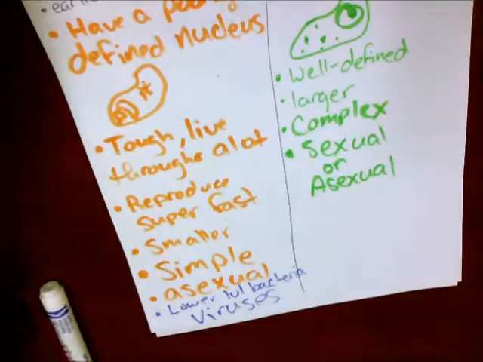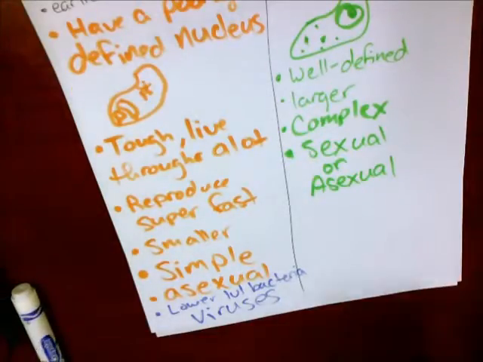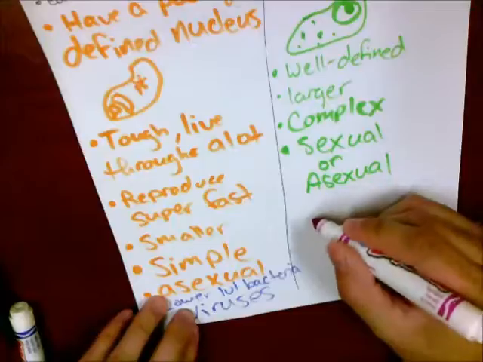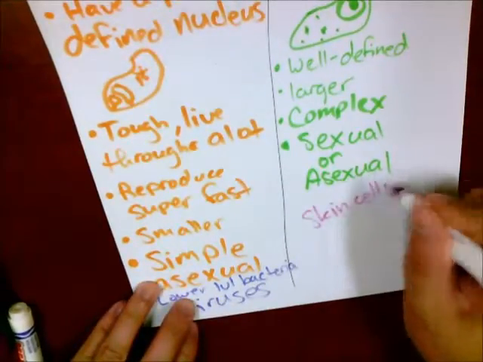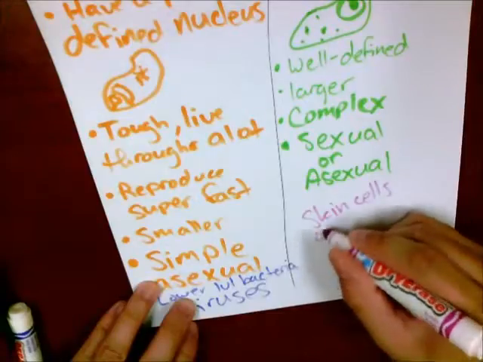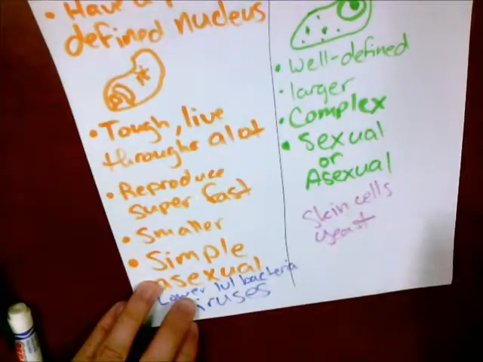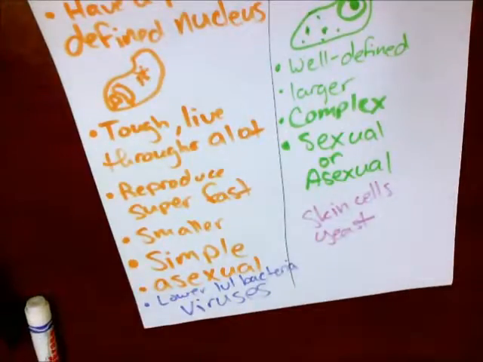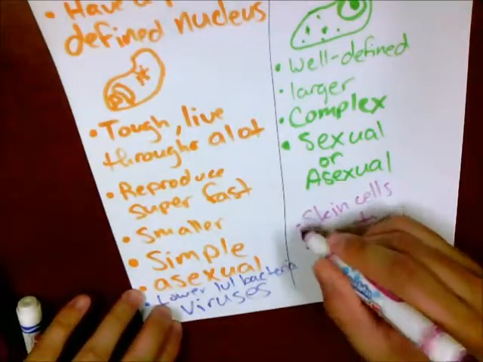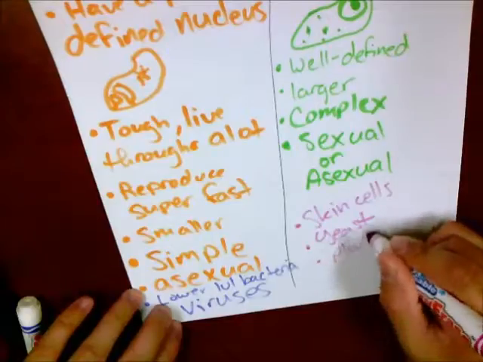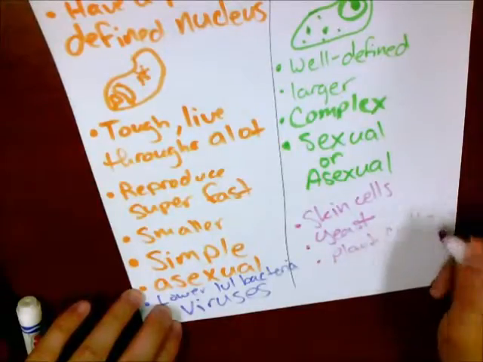Eukaryotes, on the other hand, I'm going to get another color. It's going to be purple-ish again. Eukaryotes are going to be things like skin cells. Yeast is a popular one. People use it in cooking. I used it for one of the demonstrations I did back during my seminar. So skin cells, yeast, plant cells, pretty much all the things you're used to.